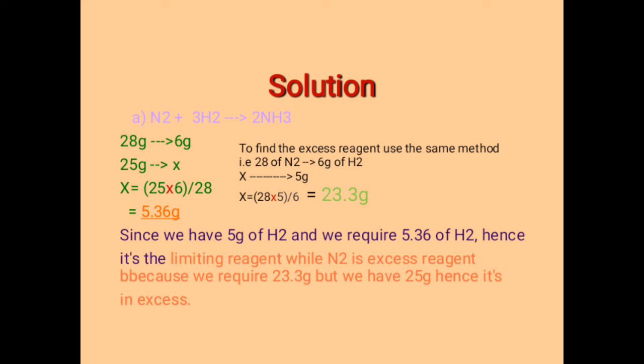Nitrogen is the excess reagent because we require 23.3 grams, but we have 25 grams. Hence it is in excess because what we have has not been completely used up. So this goes correctly and aligned with our definition.